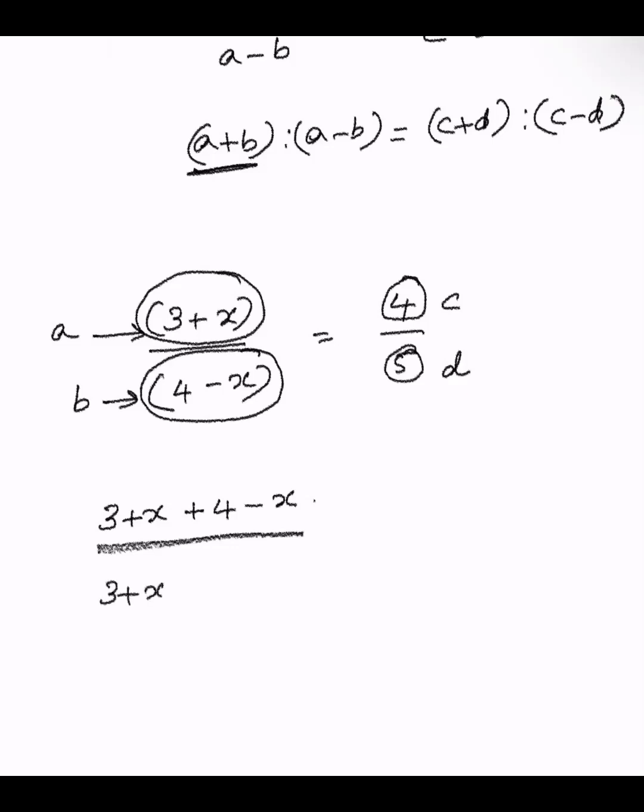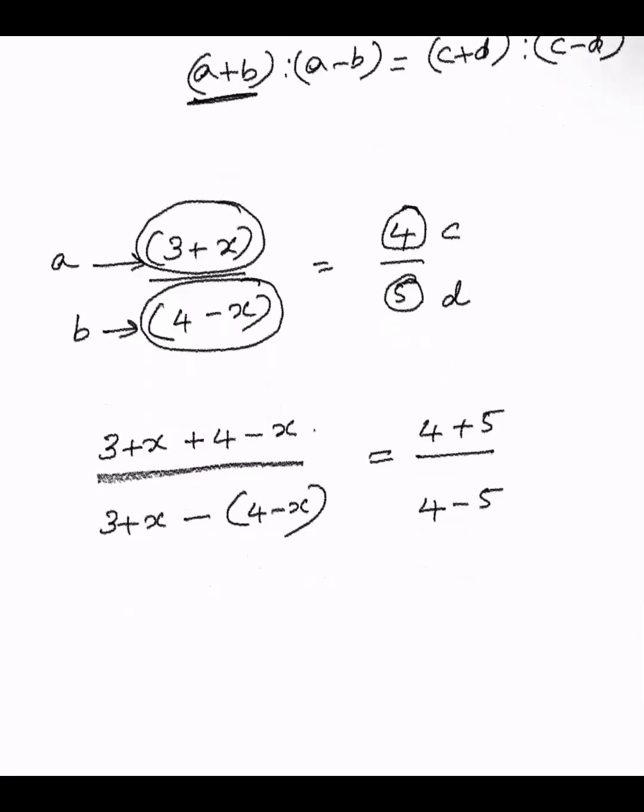A is 3 plus x minus, what is B? 4 minus x. So A plus B in the numerator, A minus B in the denominator. Similarly, on the right hand side, you have to write C plus D. C plus D means it will be 4 plus 5. And what is C minus D? It is 4 minus 5. Understood? So this is how you will write it.